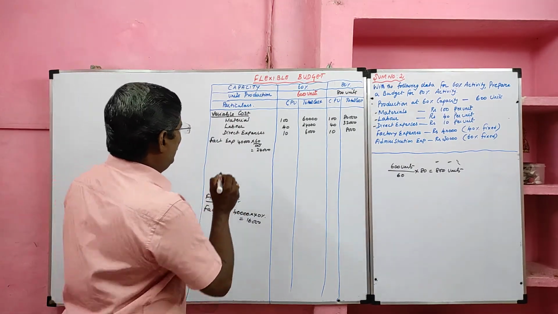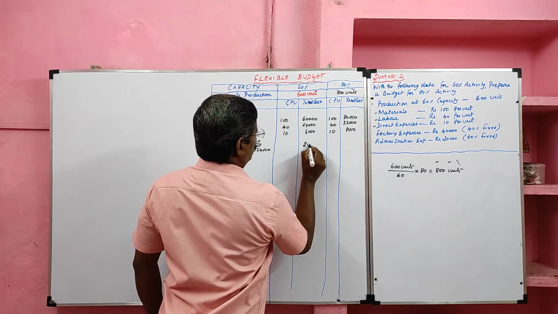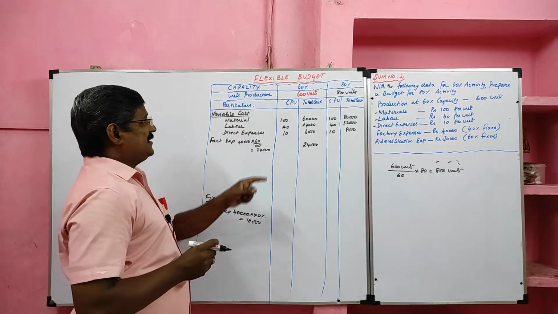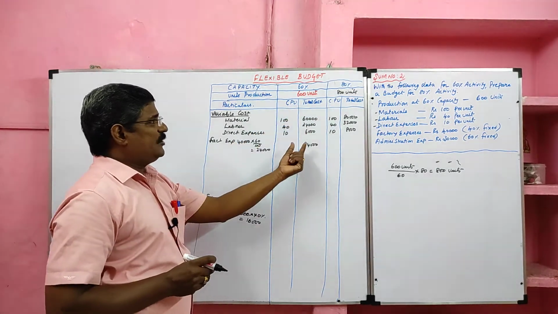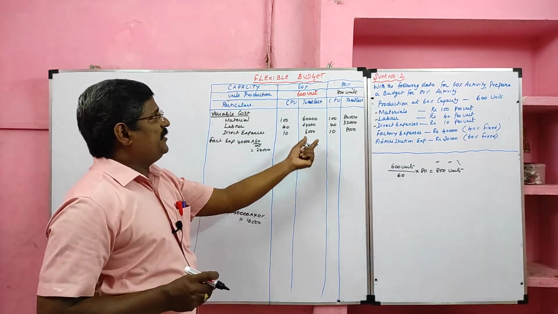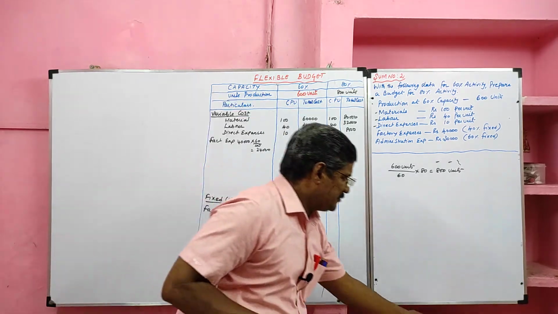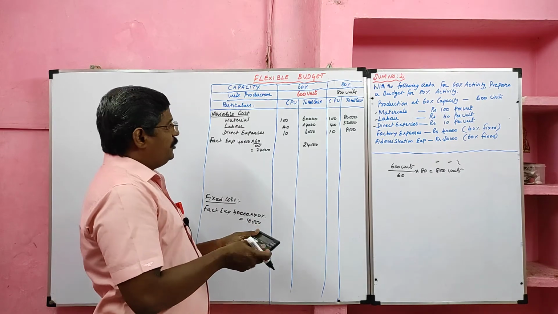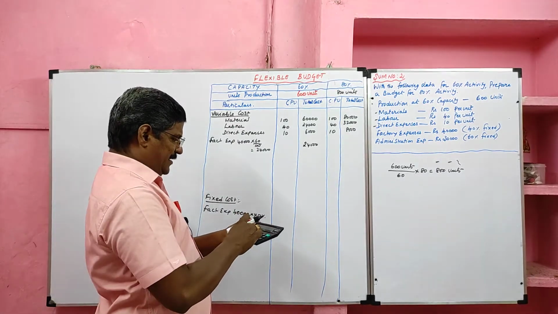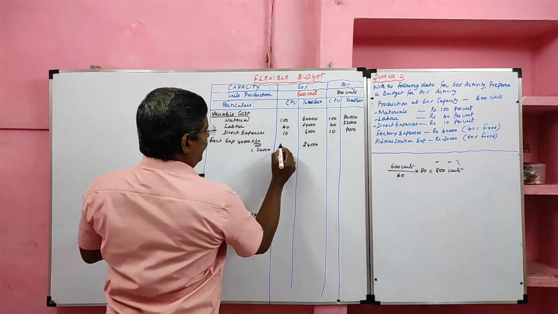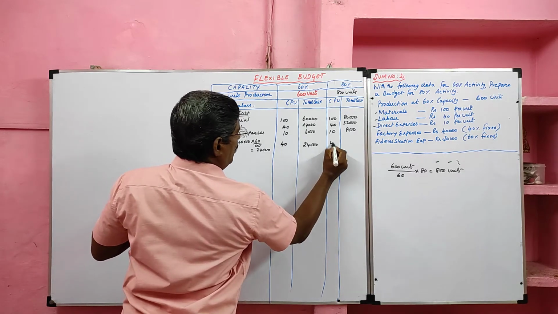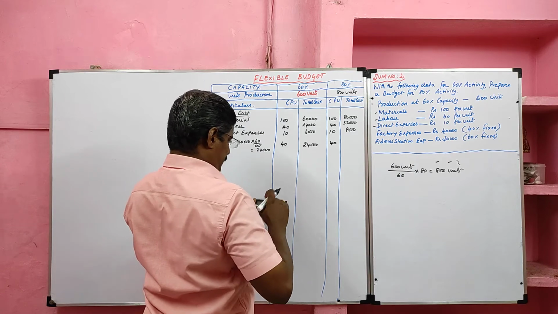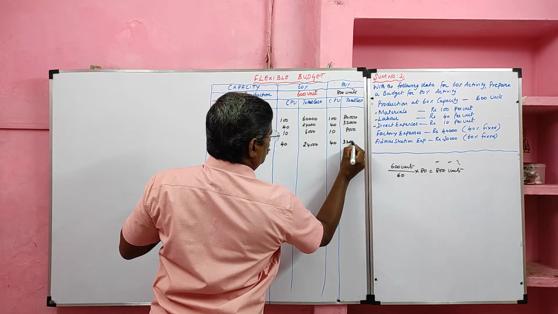First we will complete the variable cost. As far as variable cost is concerned, cost per unit remains constant. Here total cost is given, so it should be divided by the number of units produced: 24,000 divided by 600 gives cost per unit rupees 40. 40 into 800 gives 32,000.